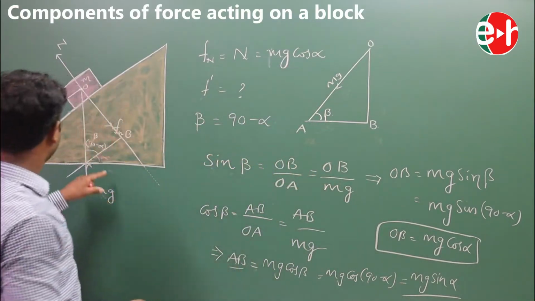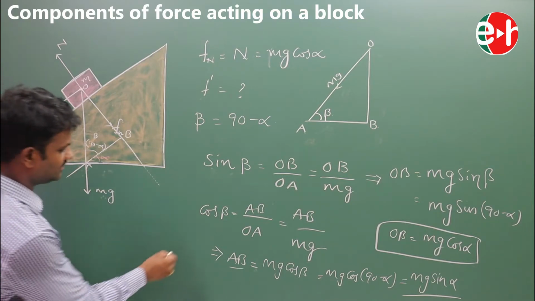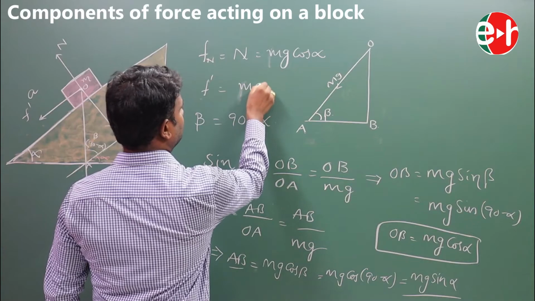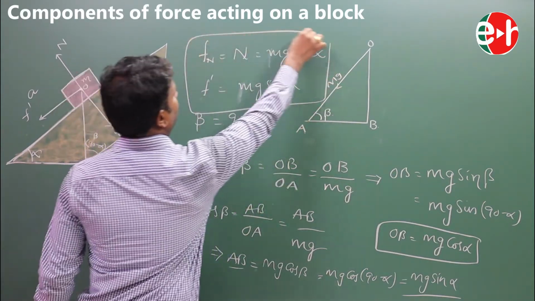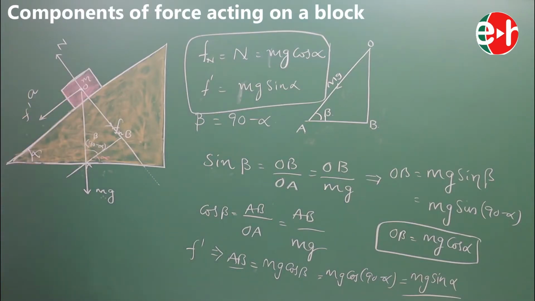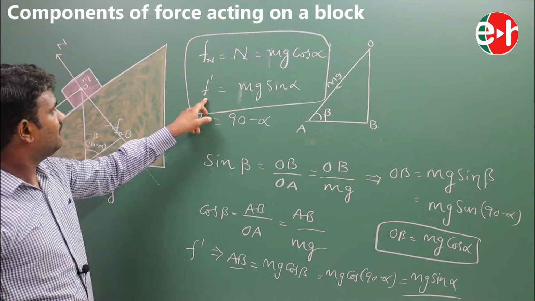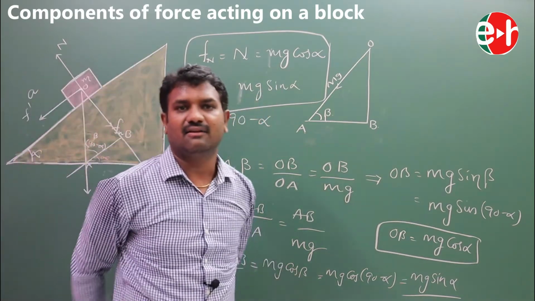What is this AB? AB is nothing but our F dash. So F dash is equal to mg sin alpha. Always remember the normal force is always mg cos alpha, and the force acting along the incline in the downward direction is mg sin alpha.